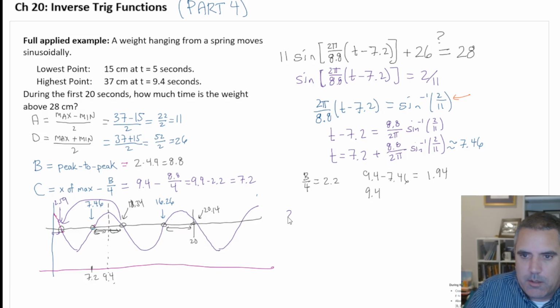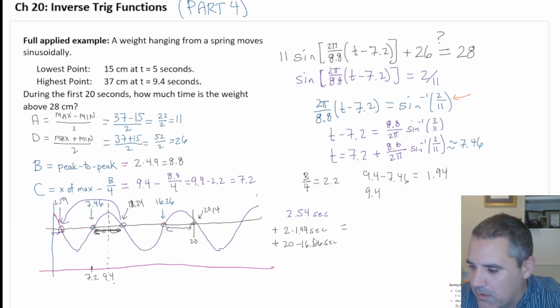So altogether, I'm getting that it's above 28 for the first 2.54 seconds. And then for 2 times 1.94 seconds, that's this time. And then lastly, 20 minus 16.26 seconds.